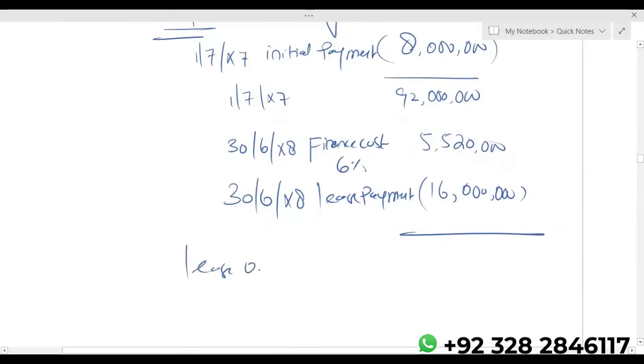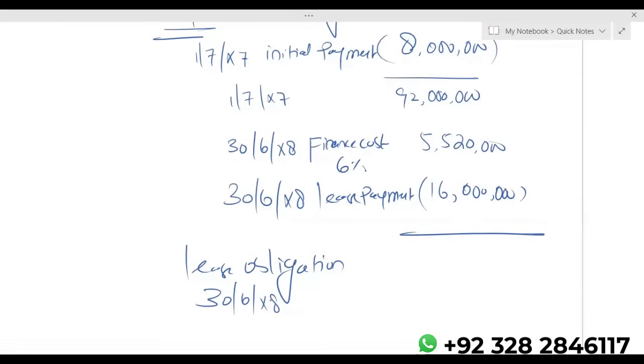Lease obligation: 92 million plus 5.52 million, then minus 16 million. Sure, I'm getting 81.52 million. Check, please.